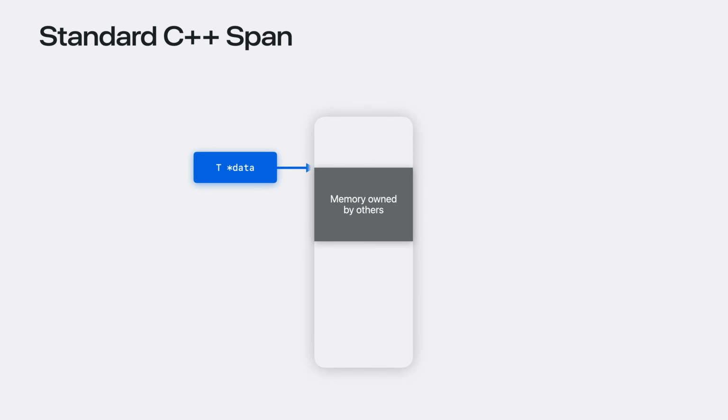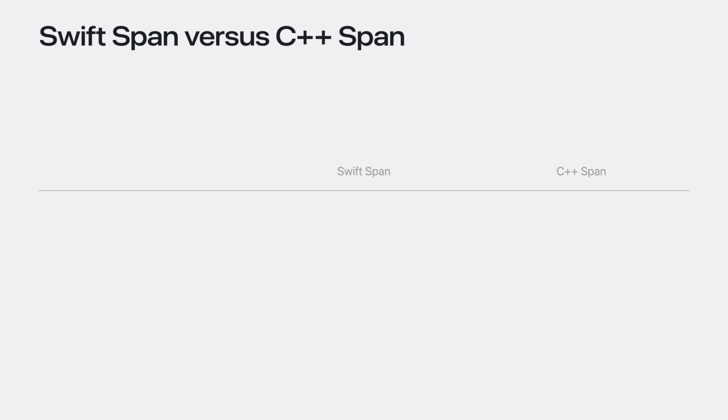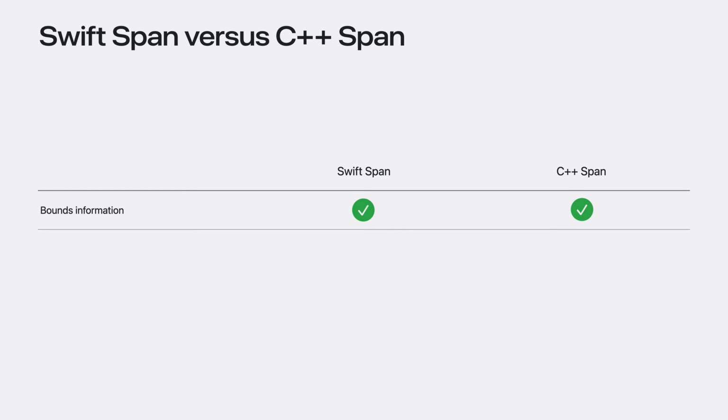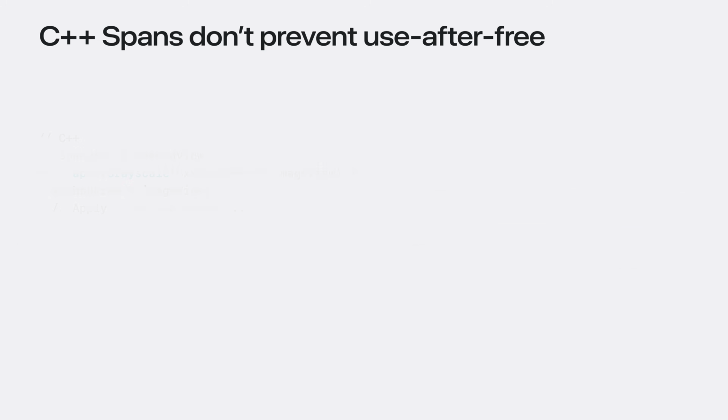They contain a pointer to that memory and its size. Because C++ spans know their size, they can safely check for out-of-bounds accesses, just like Swift spans. However, unlike Swift spans, C++ spans don't have lifetime information, so they don't prevent accessing deallocated memory. So using a C++ span can cause a use-after-free bug.